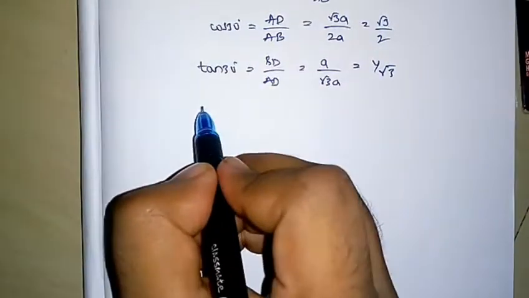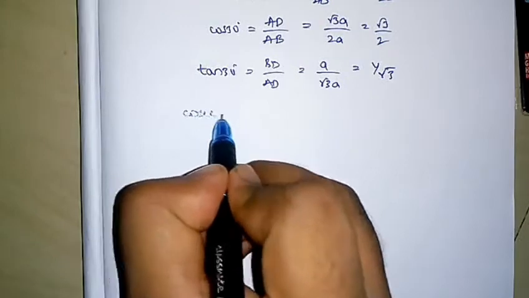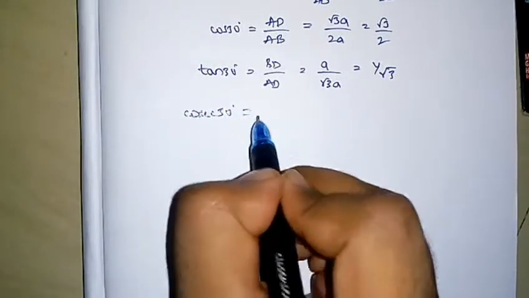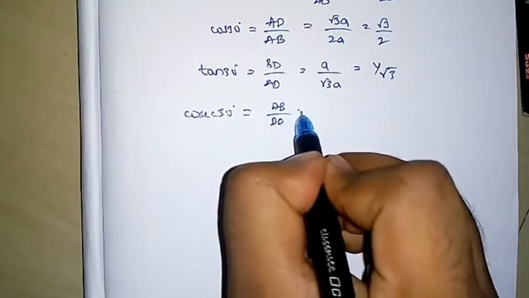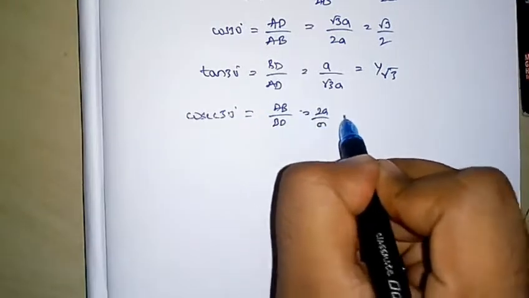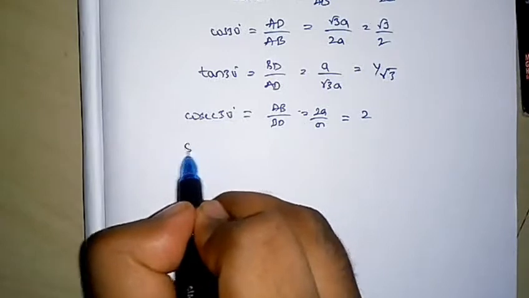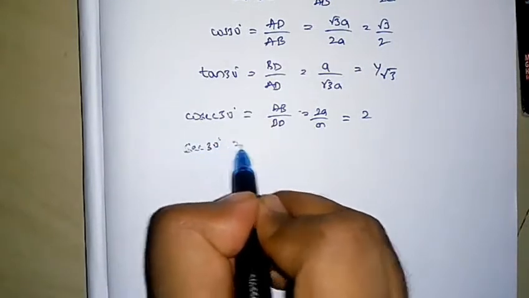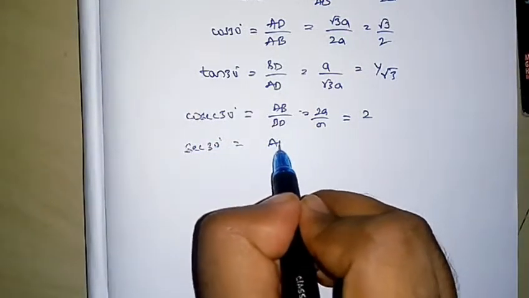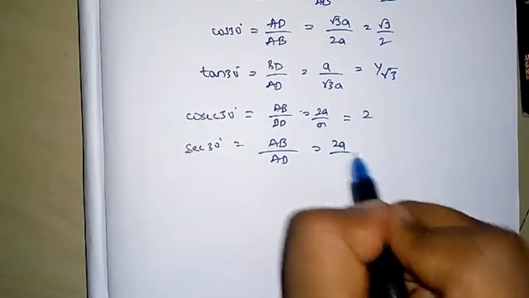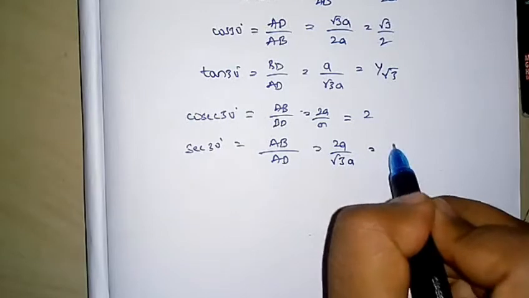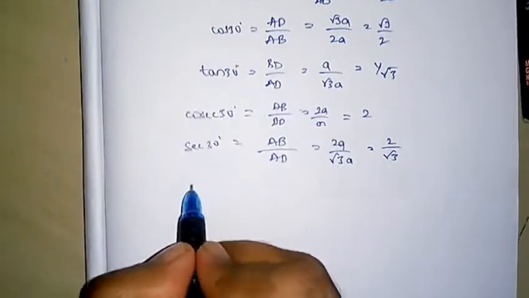Now cosecant 30 degrees will be equal to hypotenuse AB by opposite side BD, which is equal to 2A by A, which is equal to 2. Secant 30 degrees is equal to hypotenuse AB by adjacent side AD, which is equal to 2A by root 3A, so this will be 2 by root 3.